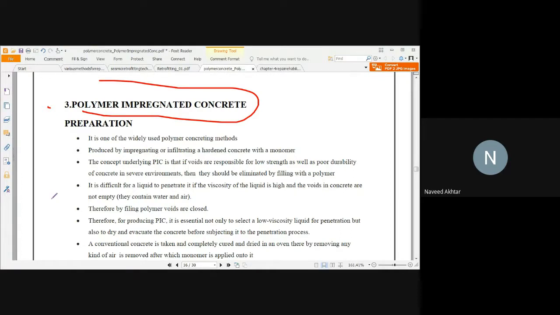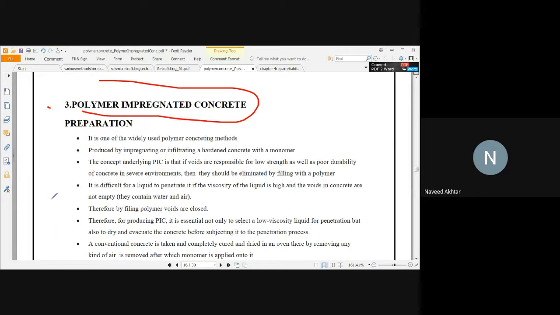The concept underlying the PIC, that is polymer impregnated concrete, is that if voids are responsible for low strength as well as poor durability of concrete in severe environments, they should be eliminated by filling with the polymer. It is difficult for a liquid to penetrate if its viscosity is high and the voids in concrete are not empty. They contain water and air. Therefore, by filling polymer, voids are closed.